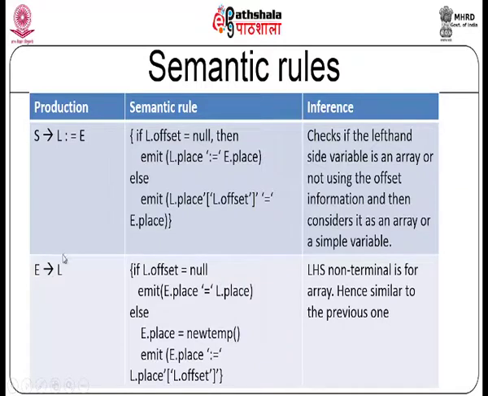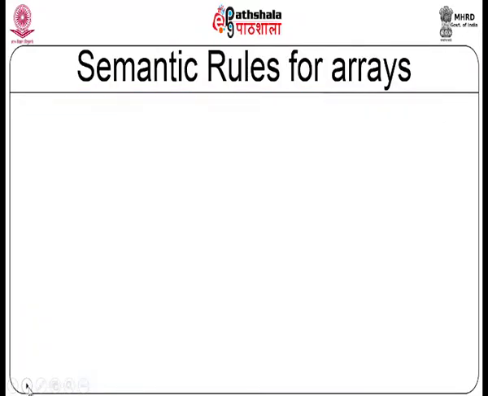If the offset is not null, which means it is an array, in that case the LHS variable will be declared as a new temporary variable, and then you emit E dot place is equal to L dot place of L dot offset. So, whatever we have done here, the reverse is done here, but a new temp has to be created if it is going to be an array on the RHS. So, that is what we have done here, otherwise it is the same as the previous case only.